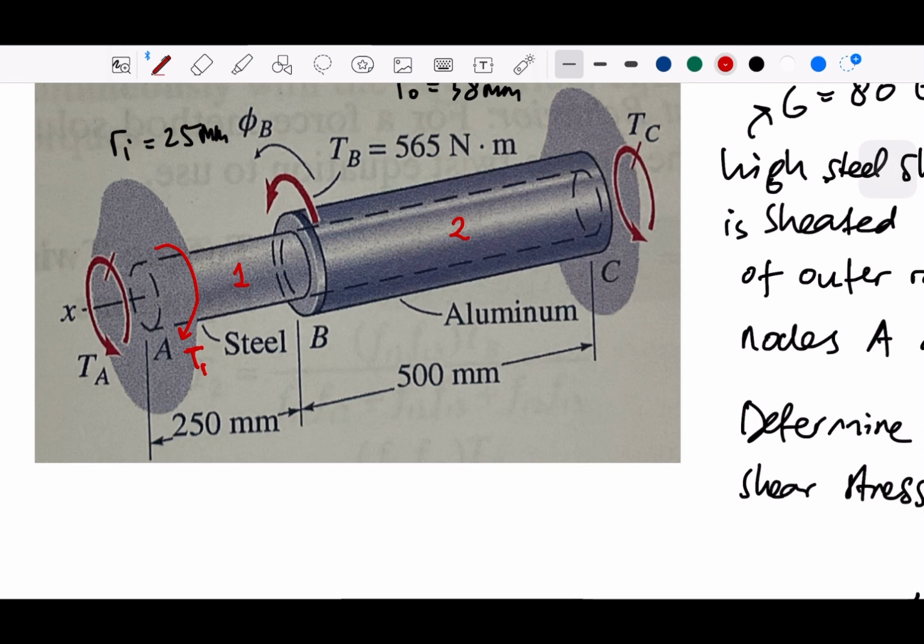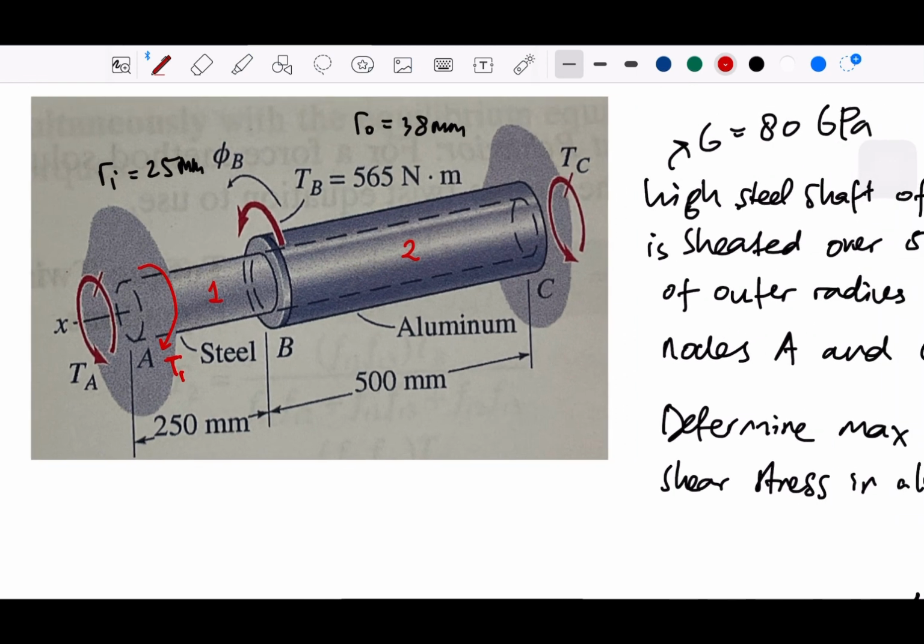So if TB is going here, then you should have reactions going counter to TB. Or you could just make it the same as TB. It's okay. Later you'll see it will give you a positive or negative sign. If it's negative, then it's the opposite direction. It's as simple as that, like in chapter 3. I think this example gives you some illustration.